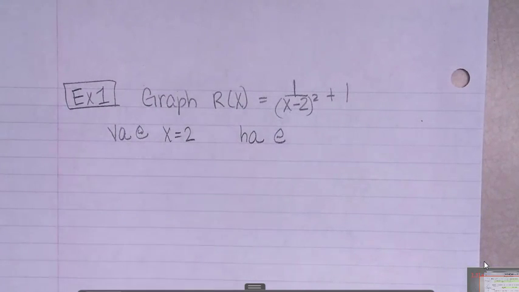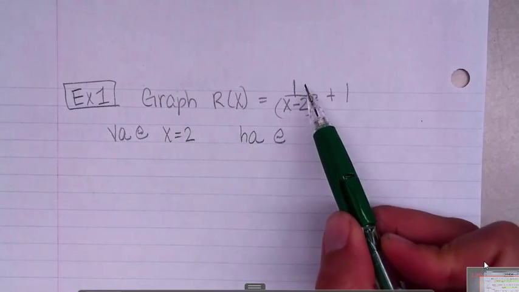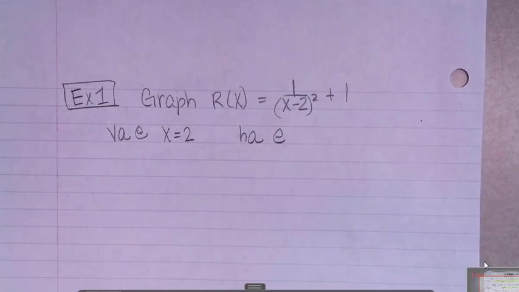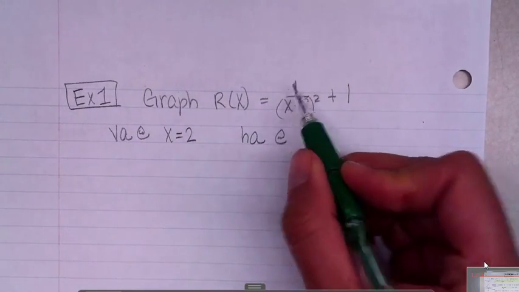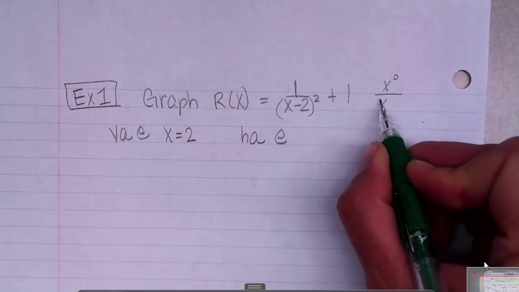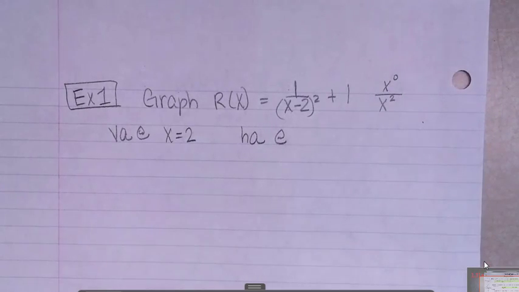For our horizontal asymptote, we need to look at the powers of the variables here. The power on top is x to the 0 power, right? And the power at the bottom is x squared.